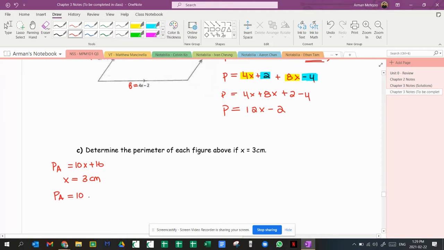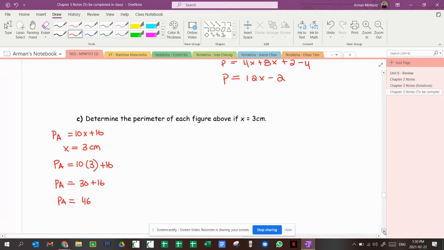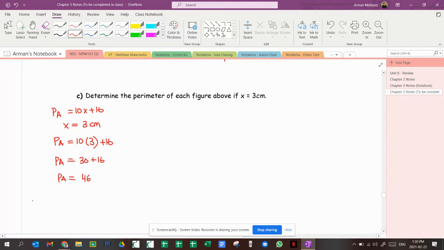I'm going to substitute in an x value of 3 to figure out what my perimeter is when x is equal to 3 centimeters. 10 times 3 is 30. And then 30 plus 16 is 46. So therefore, the perimeter of shape A is 46 centimeters.